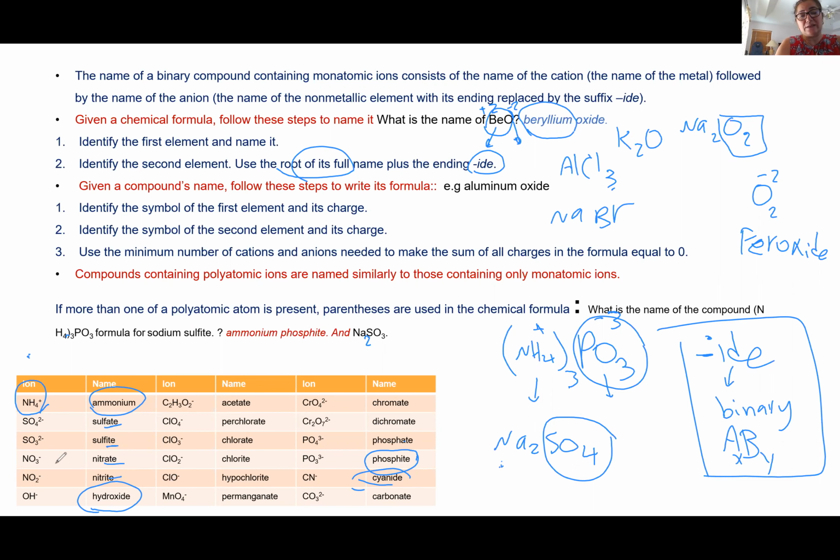Those 2 are IDE, and you just have to remember that they are polyatomic ions and not binary compounds. So sodium hydroxide is not a binary compound. You have more than 2 elements, but it's understood because it's hydroxide, or cyanide.